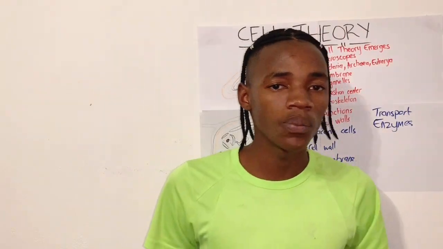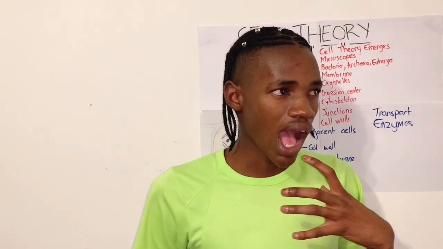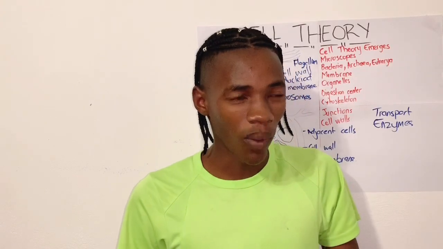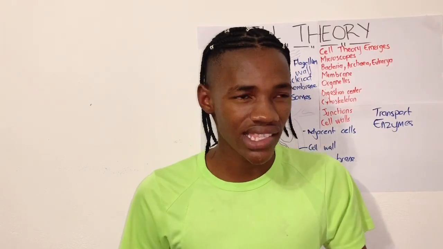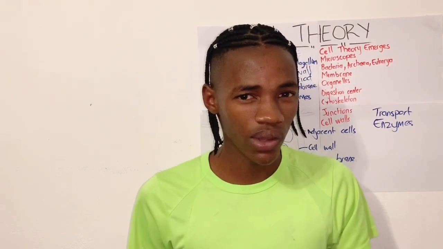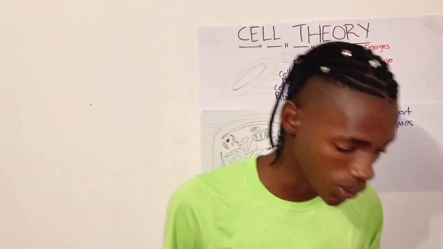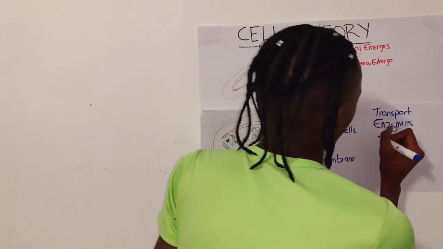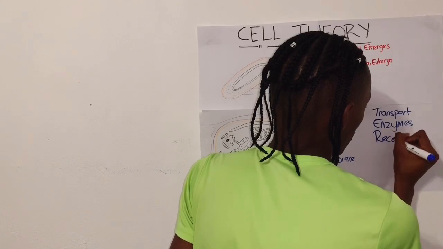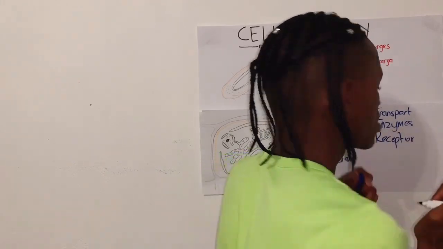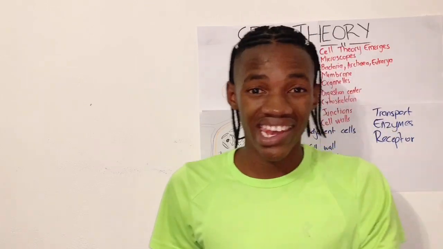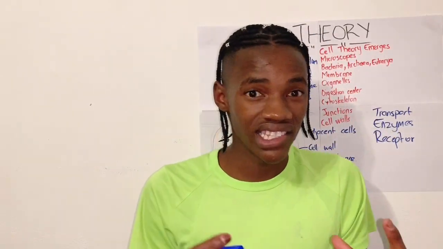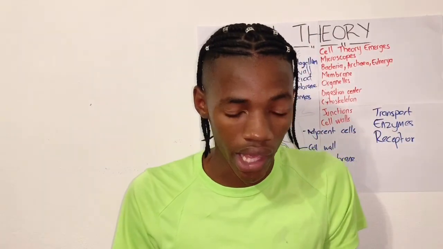Enzymes are molecules that speed up a chemical reaction without being used up. And then we have receptor proteins, which pretty much serve as name tags, and they just tag everything, okay?